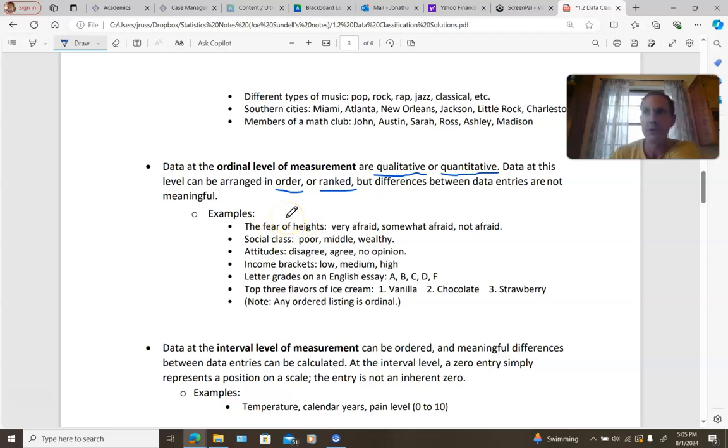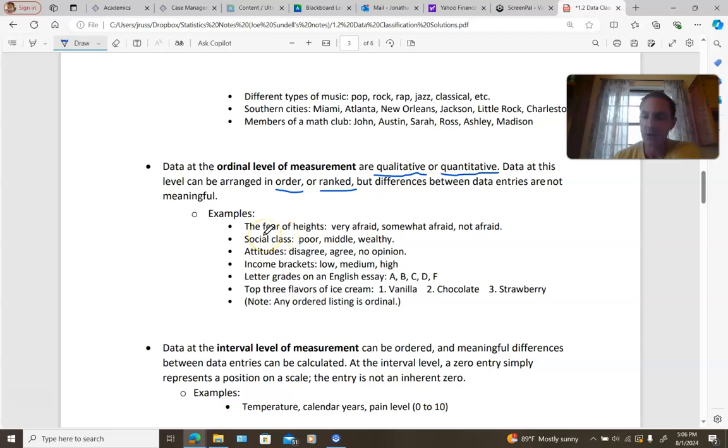You could do a survey asking people how afraid they are of heights, and these could be the choices: very afraid, somewhat afraid, not afraid at all. Well, if these are the responses, and this represents the data, this can be ordered, right? So even though it's qualitative data, it is ordinal.